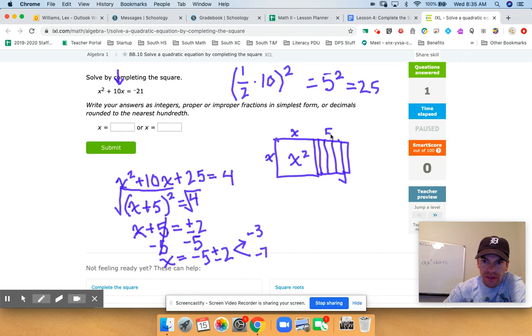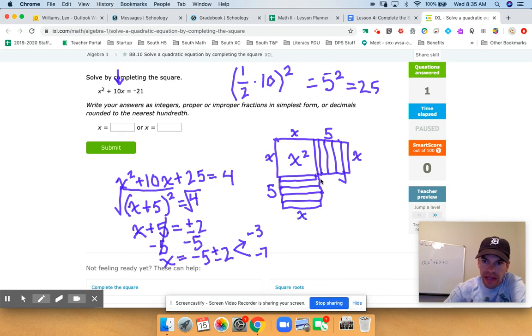So this is going to be a dimension of 5 by x. Remember, because this side is x. So we'll just write it in. And then we're going to have the same number of tiles over here to make 10. So 1, 2, 3, 4, and 5. So on this side, we're going to have 5 tiles that are dimensions 1 by x.